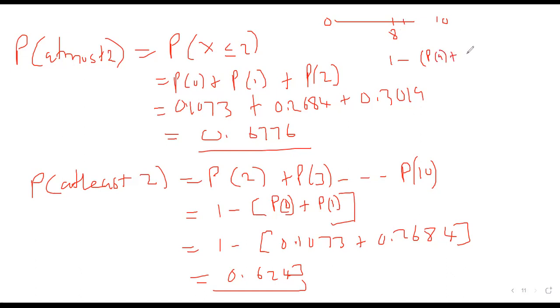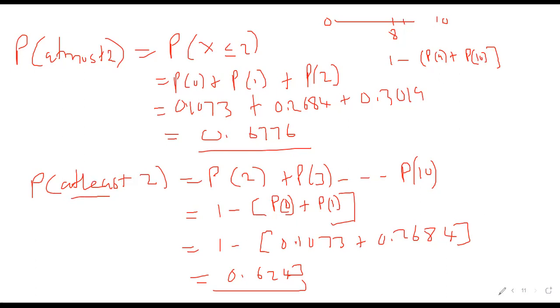You negate the easier ones rather than calculating 0, 1, 2, 3, up to 8. But if they said at least 8, it means 8 and above, so it's easy. You can directly go to 8, 9, and 10 and just add them up. It's not always that when you hear at least you subtract. You see where the work is more.